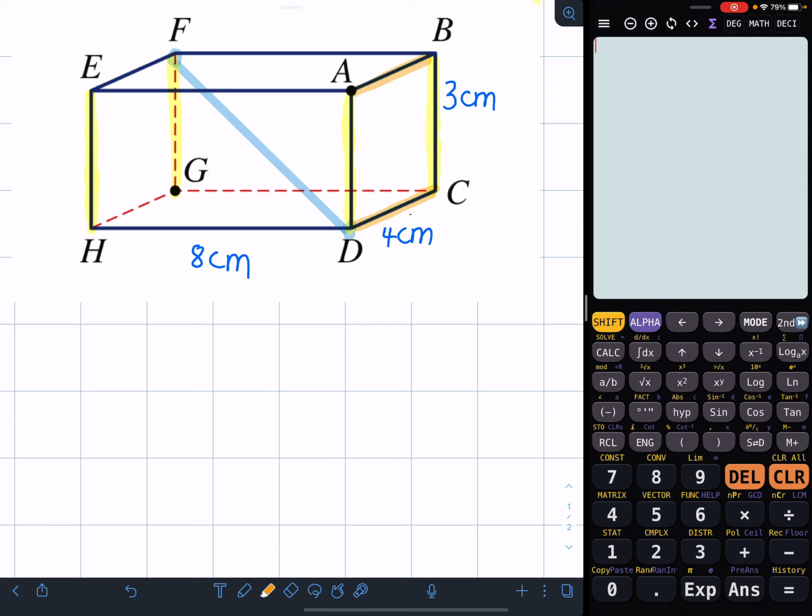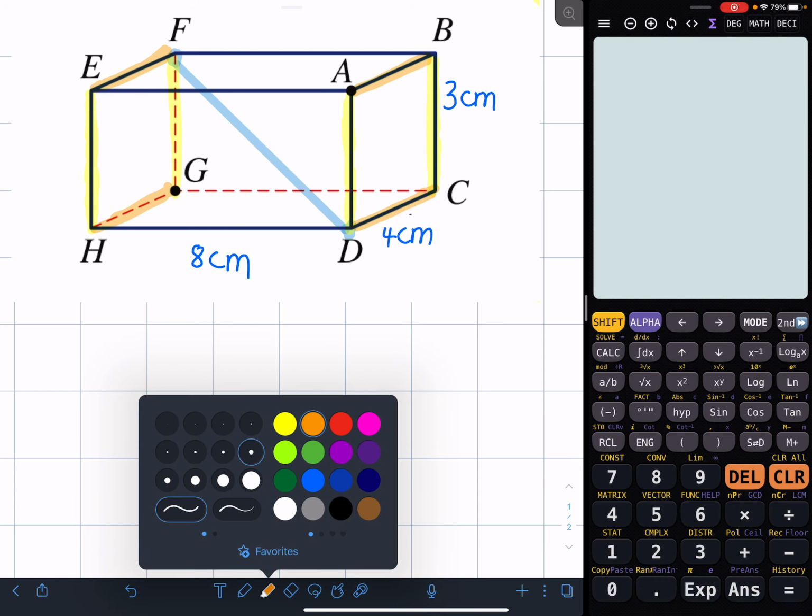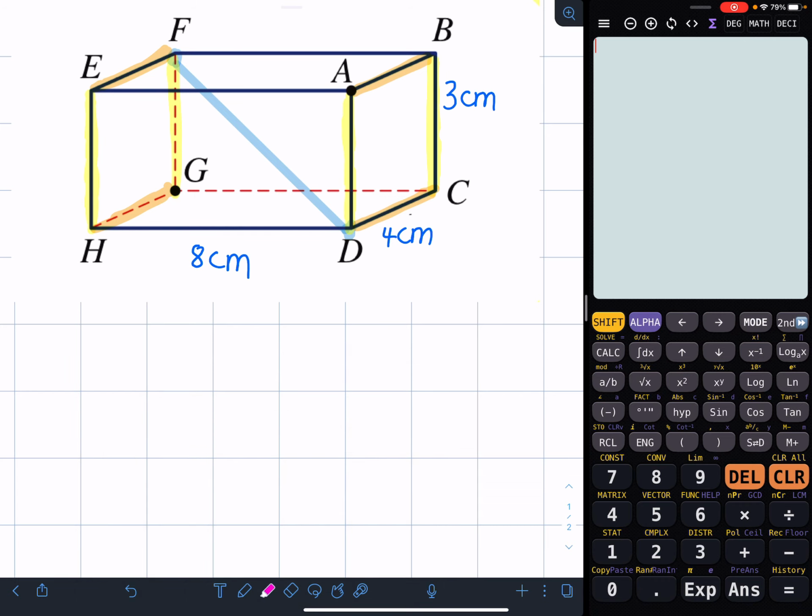It's the same length as AB, EF, and GH. And finally, DH is 8 centimeters. It's the same length as GC, FB, and AE, so 8 centimeters.